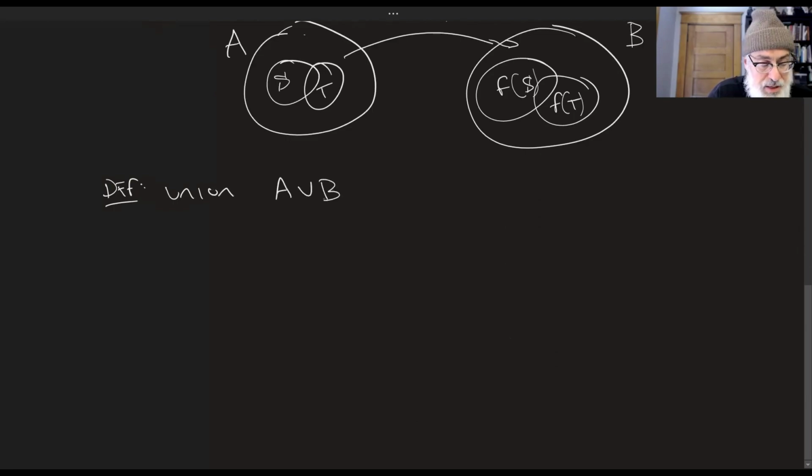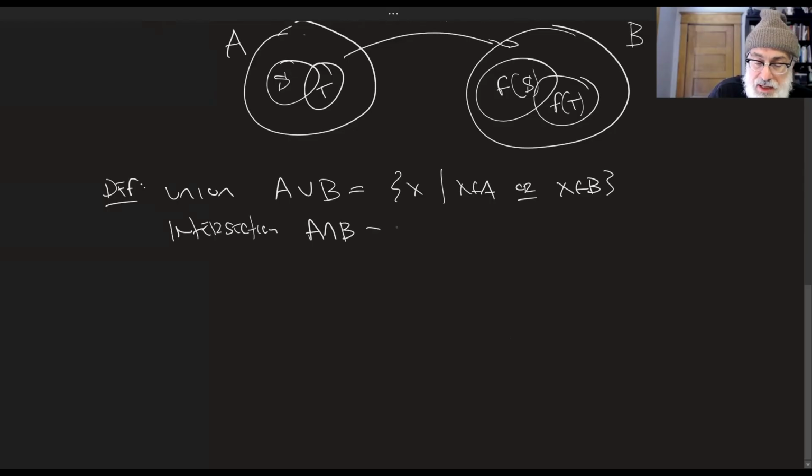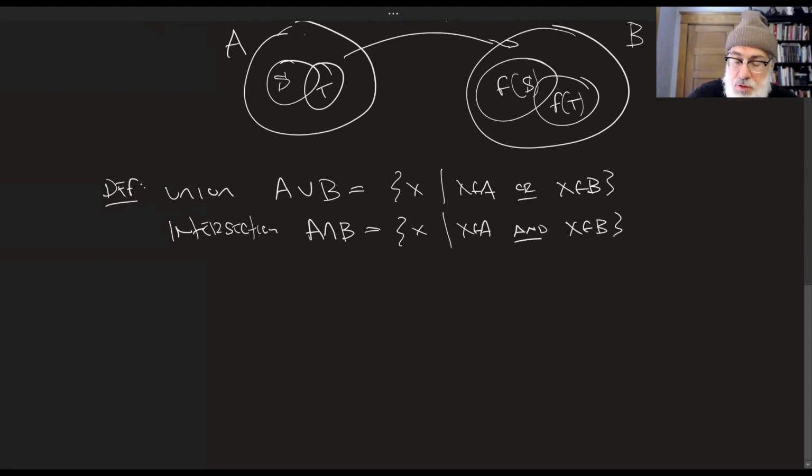A union B will be all x such that x is in A or x is in B. An intersection, A intersect B, will be all of the x's such that x is in A and x is in B. So you can see the union requires just the element to be in one of the two sets, whereas the intersection requires the element to be shared between both sets. So these are important definitions for our proof.